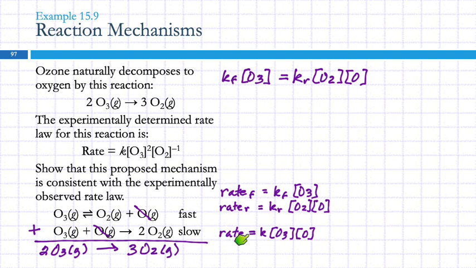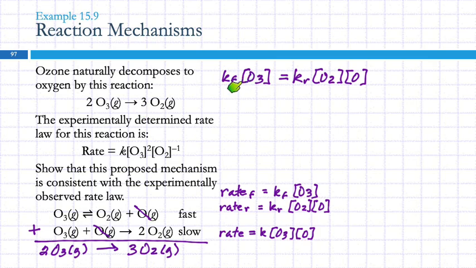This is the rate law for the slow step, and this is our starting point. We're trying to get to this one and show that this is valid. This is not okay because it's got O in it, and O does not show up as a reactant or a product. It's an intermediate. So there's no way we can know its concentration.